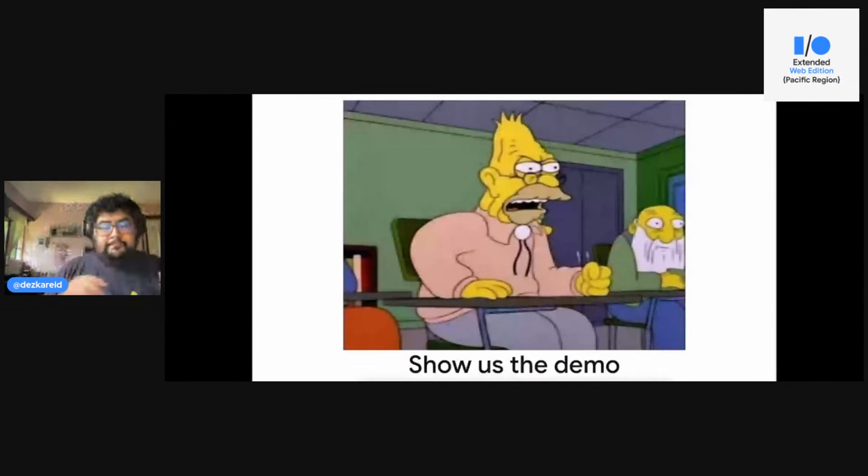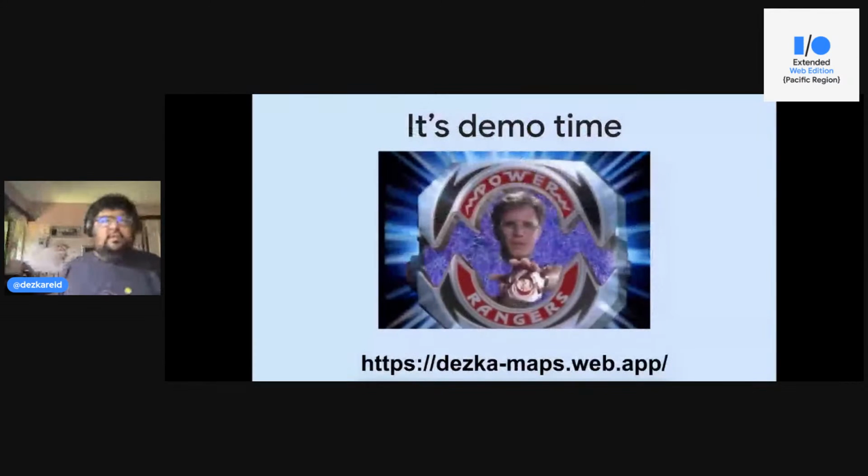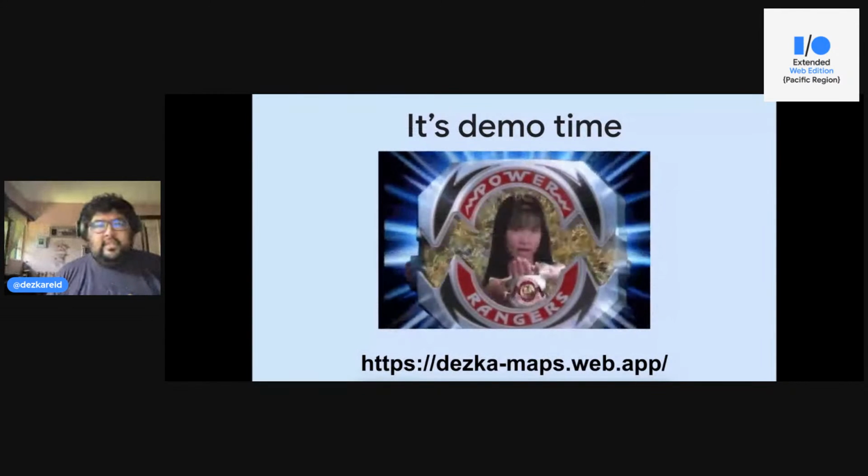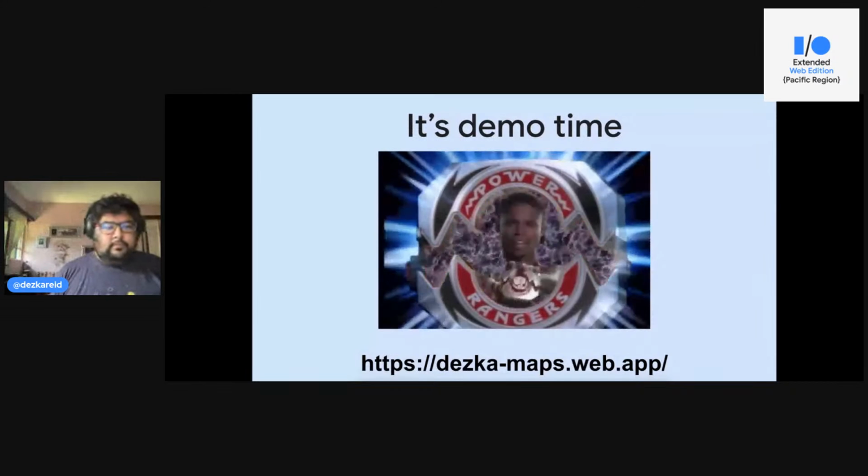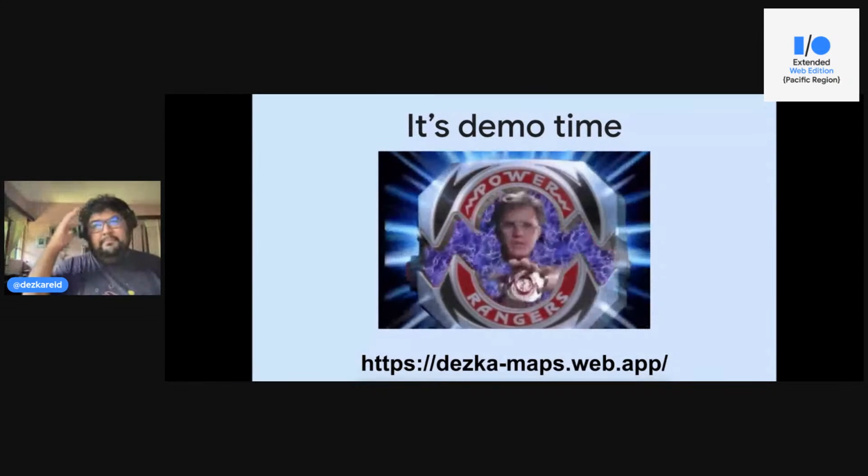So I'm going to pass to the demo part. If you have any questions, you can ask. I'm going to make this part of the demo. You can enter this URL to check a live map.